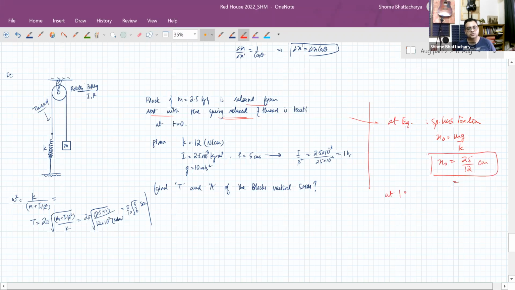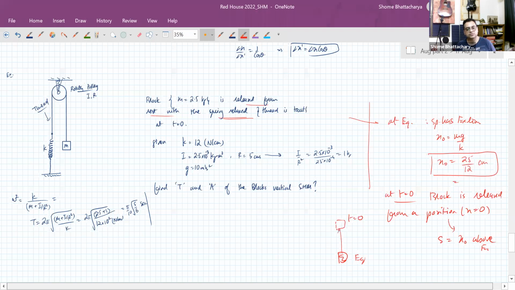So this is the equilibrium position. Now at t equal to 0, the block is released from a position such that x of the spring is 0. So if x of the spring is 0, that means the displacement s is x naught above equilibrium position. Okay, so if this is your equilibrium position, then initially the block is released from here at t equal to 0.